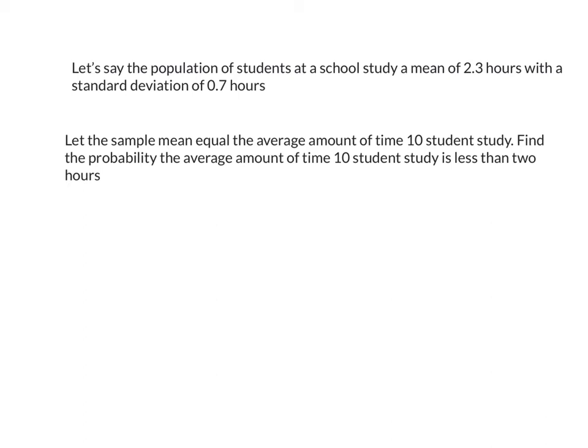So what we need to find here is the z-score for these 10 students. The z-score for the sample means is equal to the average of your sample, x bar, minus the mean of your sample means, over the standard deviation of your sample means. So this is the exact same z-score we've been working with: you have your data value minus your mean over your standard deviation. But here, we need to figure out what x bar is.